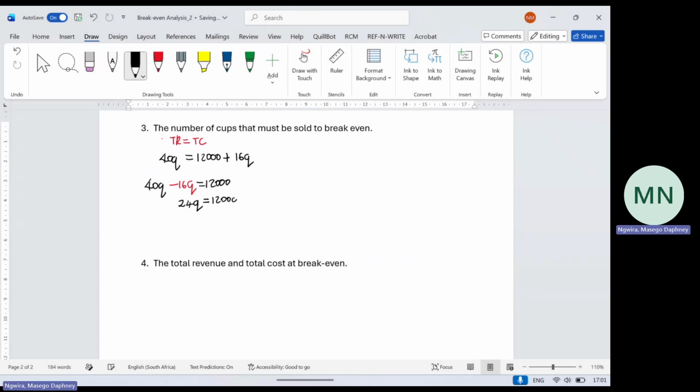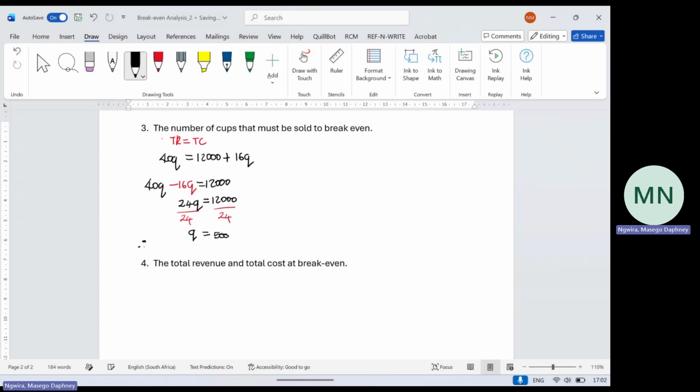Now we solve for Q by dividing both sides by 24. Q is equal to 12,000 divided by 24, which is 500. Therefore, the coffee shop must sell 500 cups to break even.